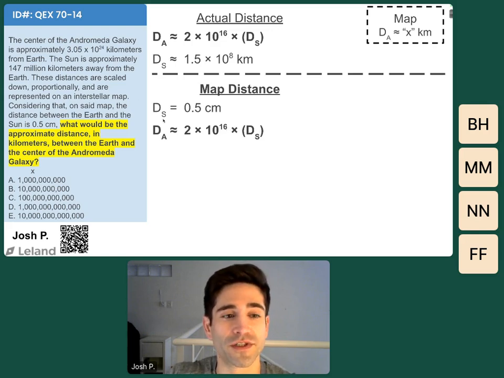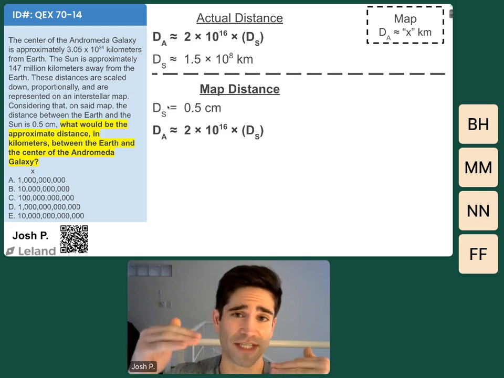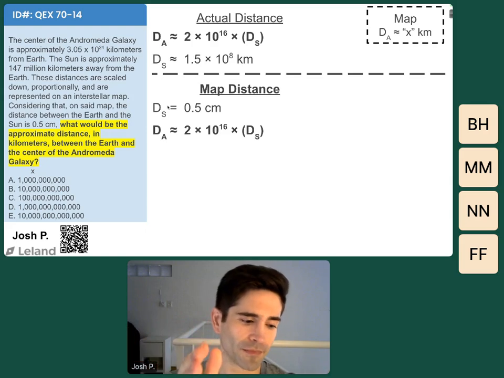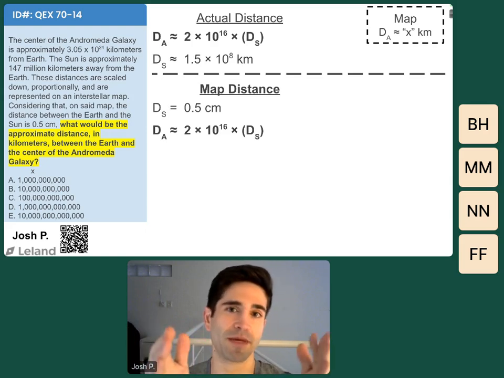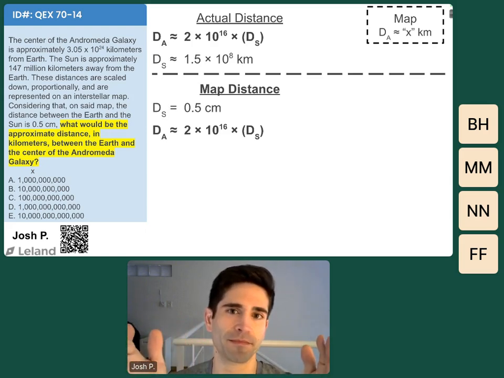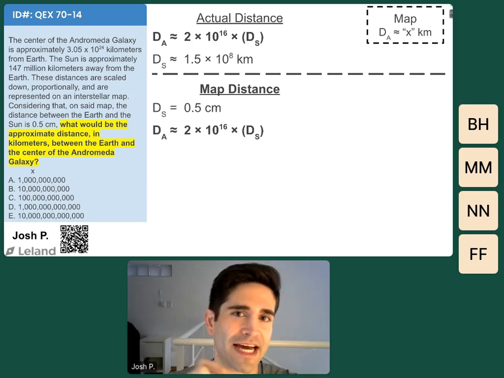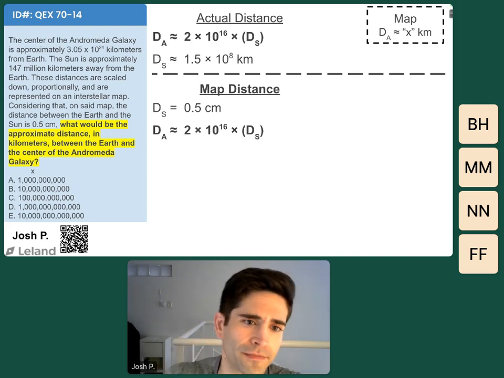Now the distance to the sun has been scaled down in proportion. In proportion, everything should maintain and be respected. So even though we're looking at the map and not the actual distance, the distance to Andromeda should still be approximately 2 times 10 to the 16th, whatever the distance to the sun is.